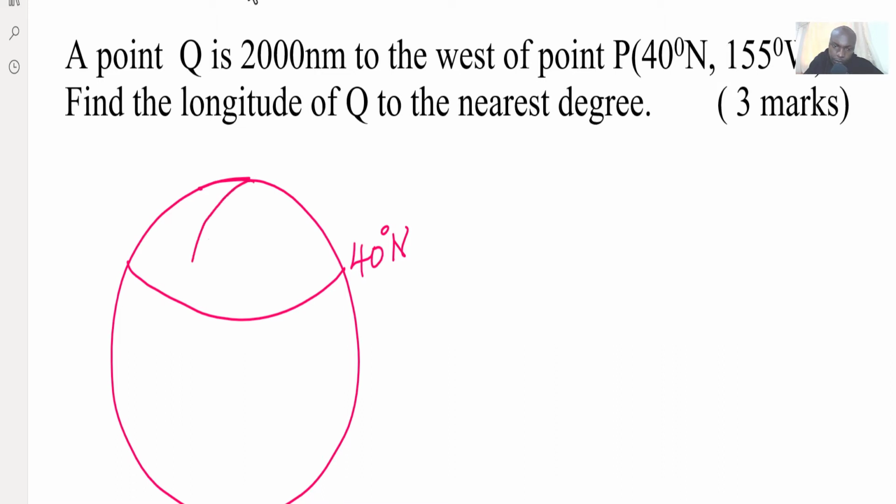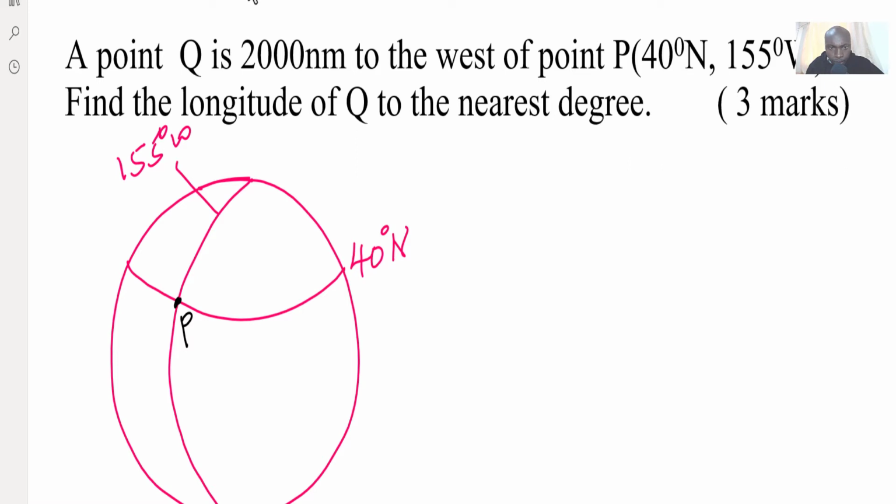Maybe I can draw this one better. Like that. So this is 155 degrees west. So P is there. That is the location of P.